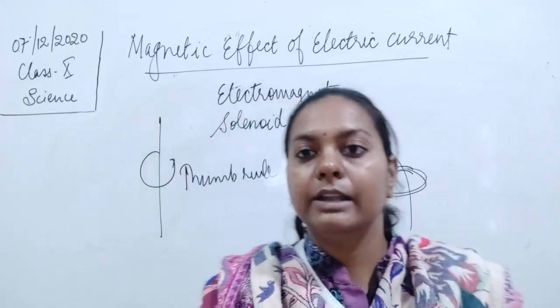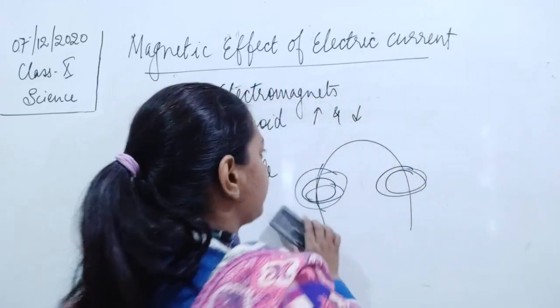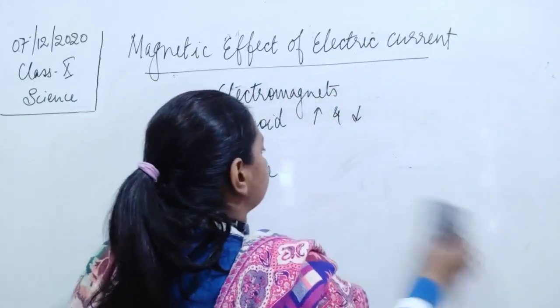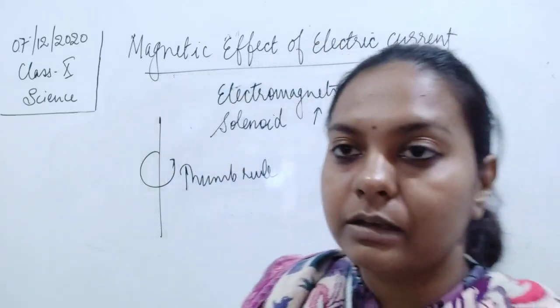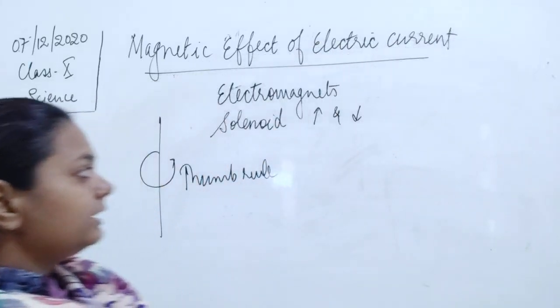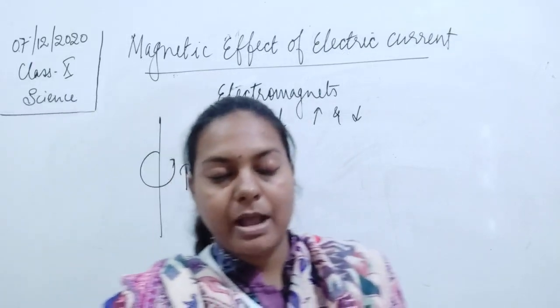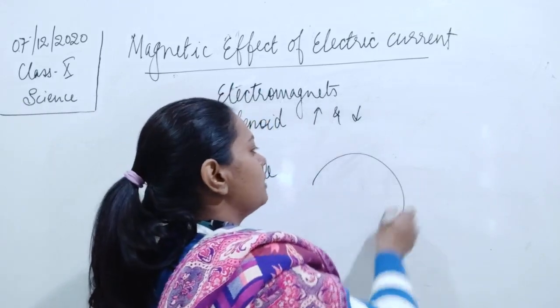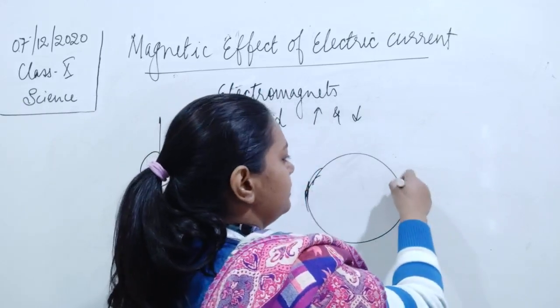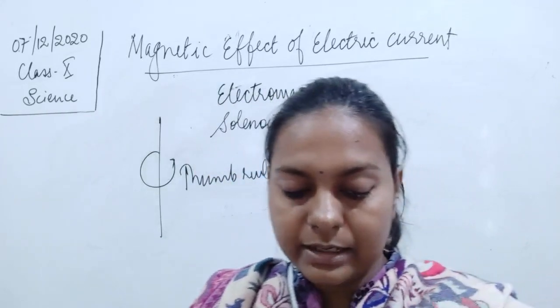The direction of these concentric rings could be told with the help of Maxwell's thumb rule, because at a certain point the circular loop also appears to be a straight line, that is, it behaves like a straight current carrying conductor.